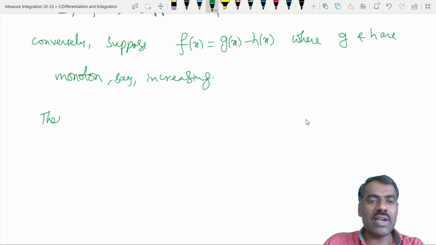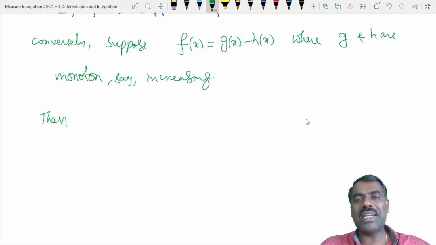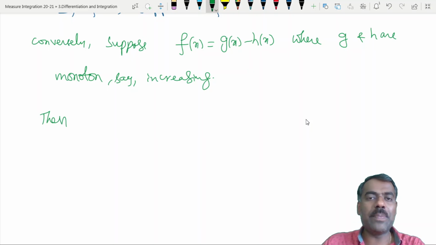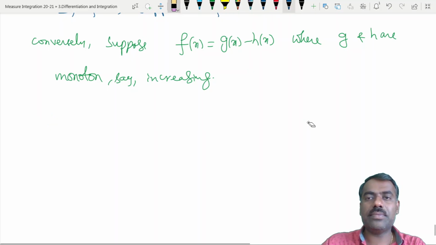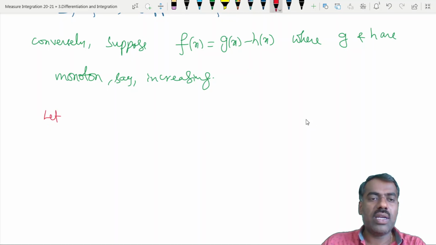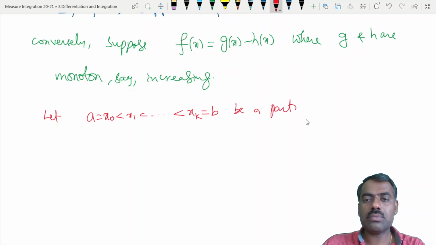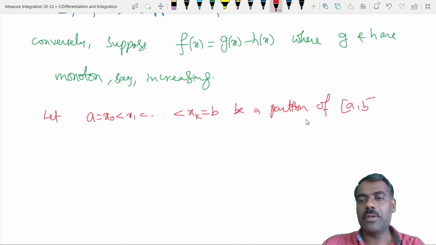So if you want to calculate, take any partition and so on. You simply take any partition. Let a, which is equal to x naught, x1 up to xk, which is equal to b, be a partition of a comma b.